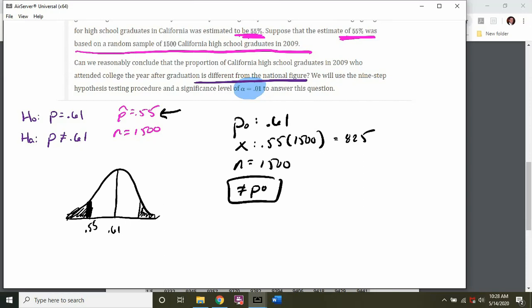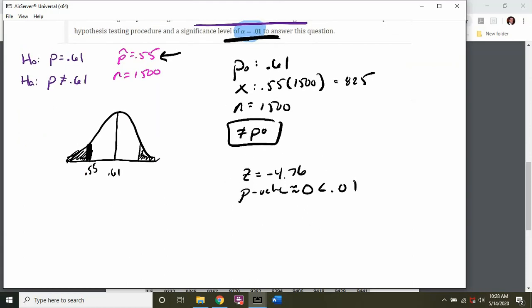And not equals, and calculate, and again we're getting a z-score that's incredibly low, a p-value with an e at the end of it, so that's basically 0, which is less than our significance level of 1%. And once again, because it's less than, we reject the null hypothesis in favor of the alternative.